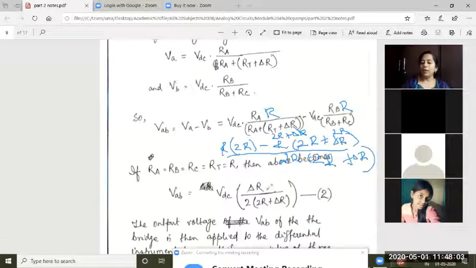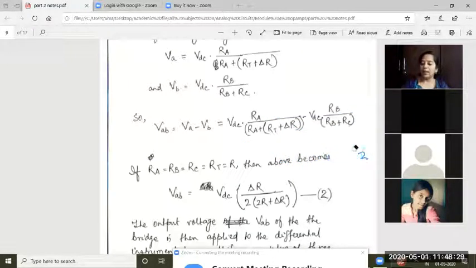In the numerator, the R's cancel out, and this 2R square minus 2R square term goes off. What is left in the numerator will be just delta R into VDC, divided by 2 into 2R plus delta R. This is the value left after substituting all the four resistors RA, RB, RC and RT as equal to R.